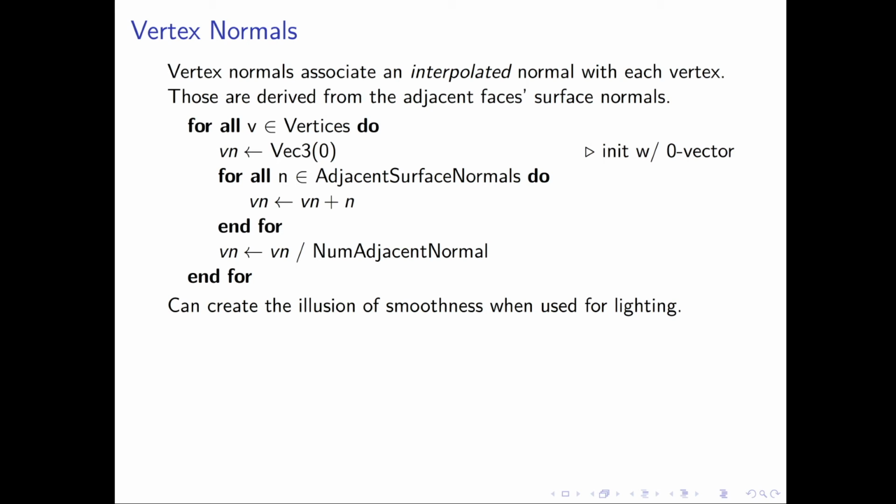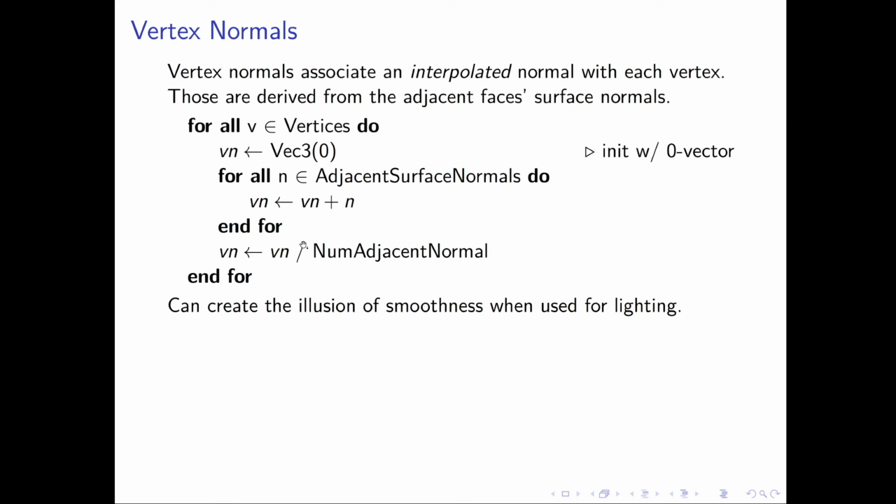In order to compute lighting, surfaces usually store at their vertices something that is called a shading normal or a per vertex normal. Per vertex normals are obtained by interpolating the face normals of the adjacent faces. For every vertex that's in the scene, I compute the average of all the adjacent surface normals, accumulating them by summing them up, and then in the end dividing by the number of adjacent surfaces.